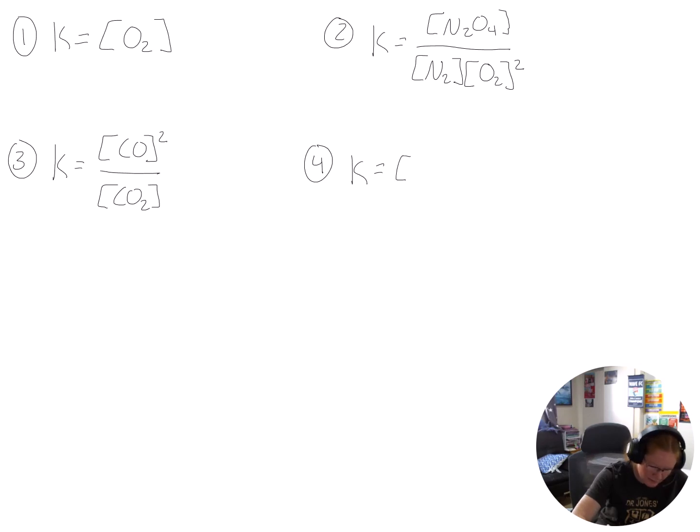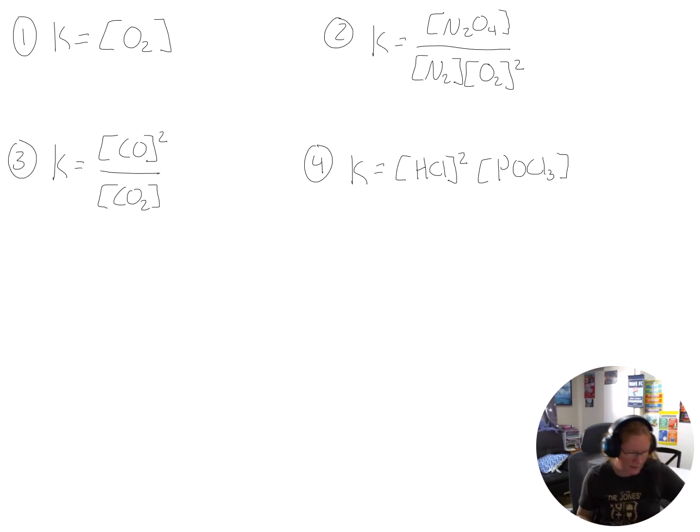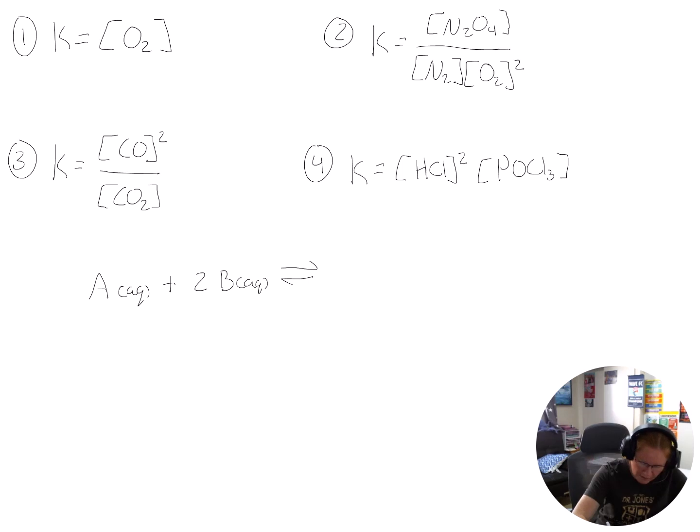So we're going to get hydrochloric, well actually it's a gas, so it's hydrogen chloride gas. All right, and it looks like that. Now, what if you had a situation where you had some reactant that was aqueous plus another reactant that was aqueous, and then your products were something like a solid?